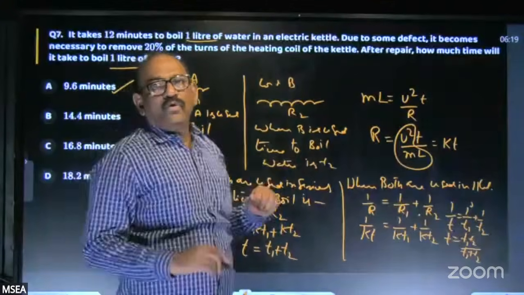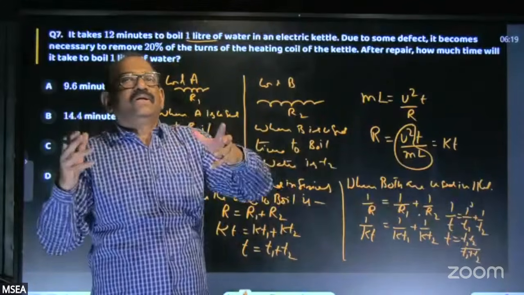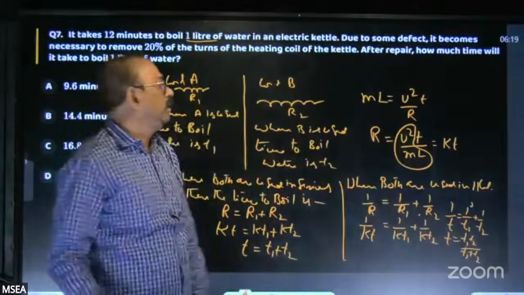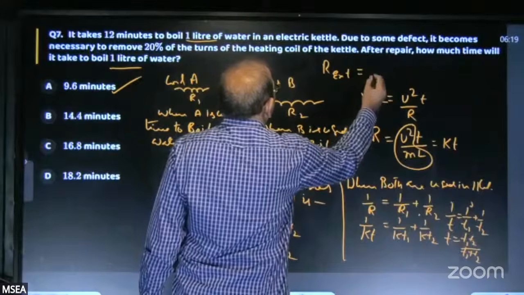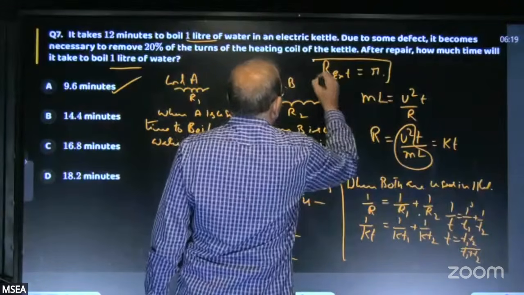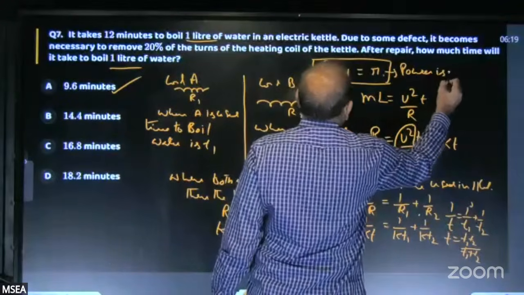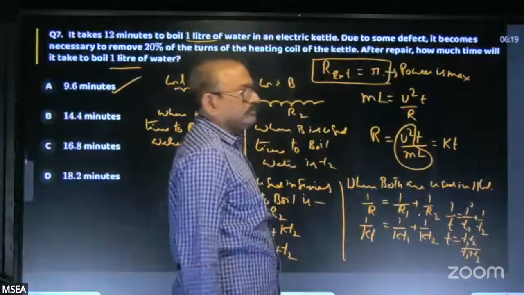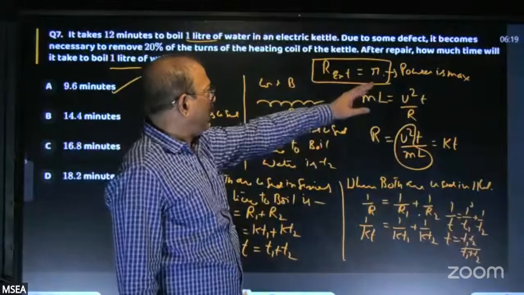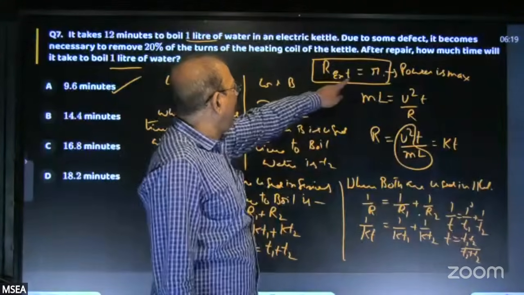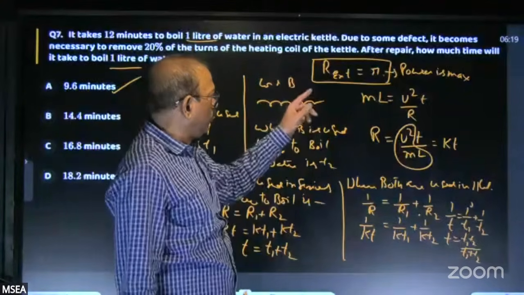And remember one more point: in any electric circuit, the power dissipated will be maximum when the resistance in the external circuit and the internal resistance of the cell are equal. Current also maximum, power is maximum when external resistance in the circuit and internal resistance of cell are equal.